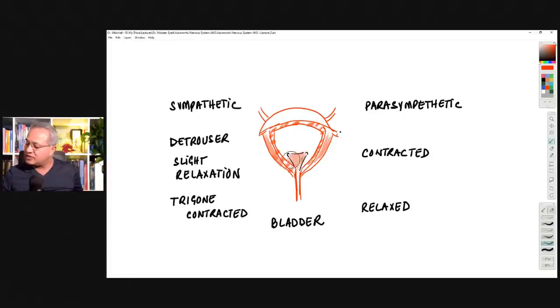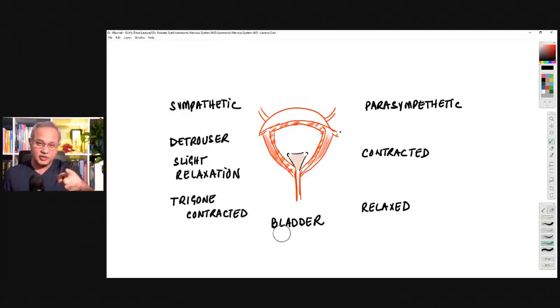When the trigone is contracted, on the two ends of the trigone are ureters attached. So when the trigone contracts, it pulls on this area and closes the ureters. You could relax them, and that would cause the ureters to open up. Now, do we want the trigone to be relaxed during a running session? No. So the trigone is contracted so that the ureters are blocked from bringing more urine in.